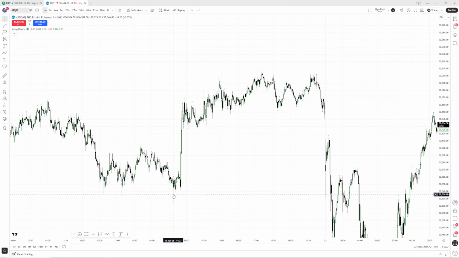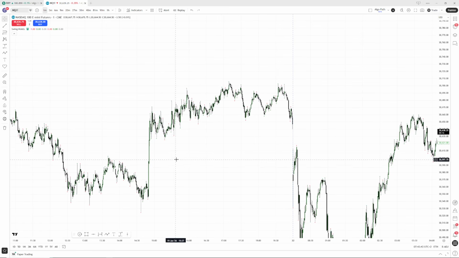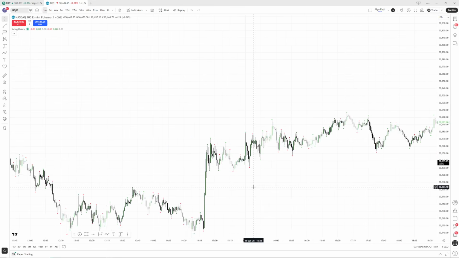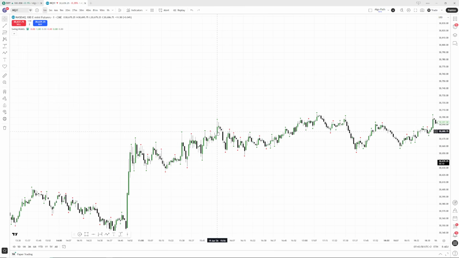So here you can see it's in the low which took liquidity, which means sell side is grabbed. Now it's going for the buy side. The opposite option of it is also very important. 15:56 is 41 still. And what it does, it sweeps the buy side, comes for the sell side.